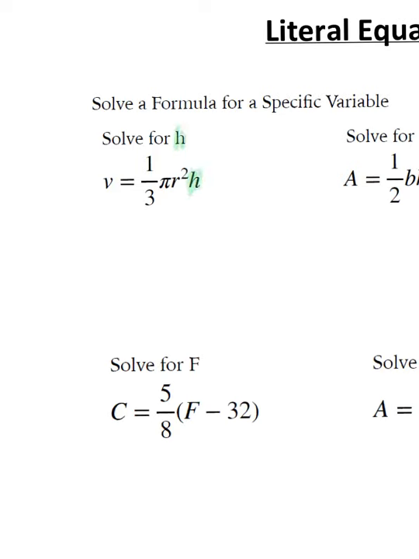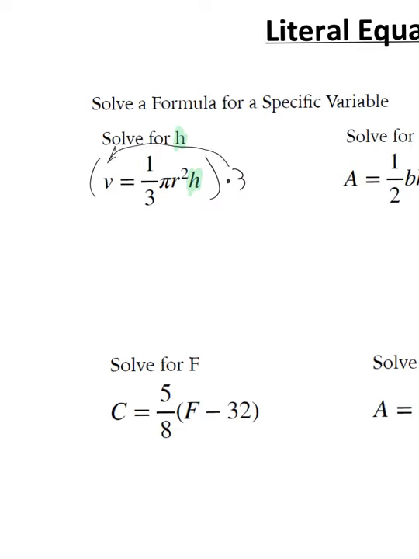So that is the variable in this equation that we're looking to isolate or get by itself on one side of the equal sign. So the first step in doing this, just like the first step with an equation that you would solve, is to try to get rid of this fraction here. So really we're going to multiply by the denominator to get rid of that fraction.